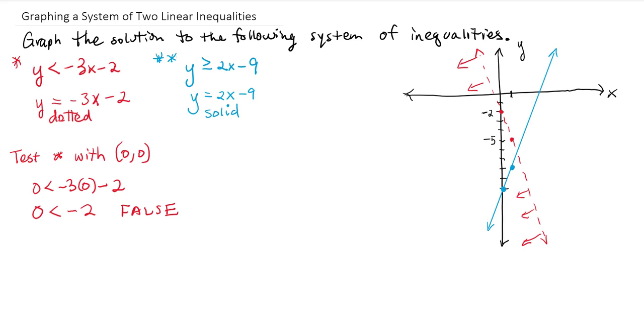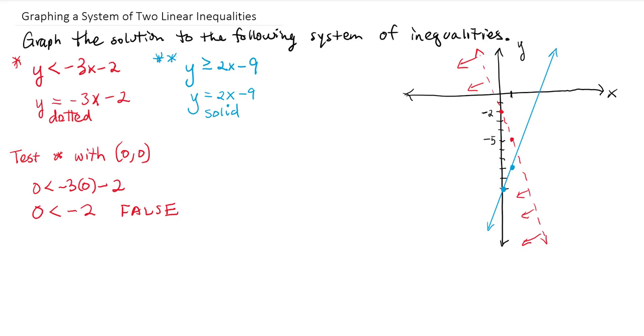Make sure, once again, for the second inequality, don't pick a test point that actually lies on the line. Even though the line is already shaded, we still don't want to pick a test point that lies on the line because it could result in a lot of errors. So what's not on that solid blue line?